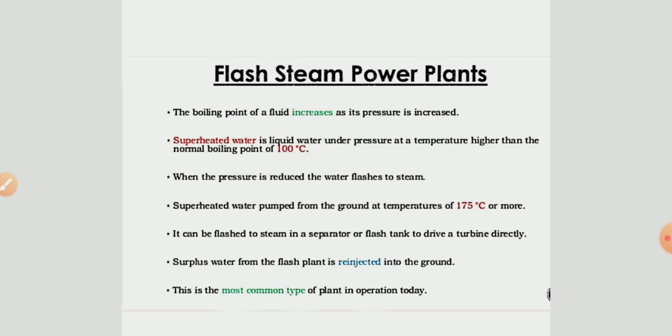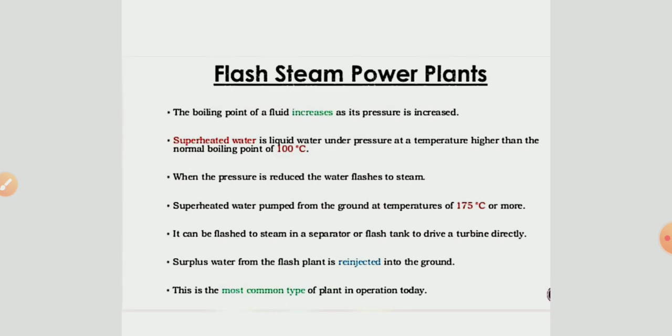So here the water is heated greater than 100 degrees centigrade. When the pressure is reduced, the water flashes to steam, and superheated water is pumped from the ground at a temperature of around 170 degrees centigrade or more.